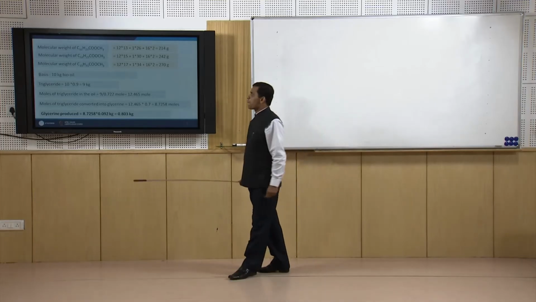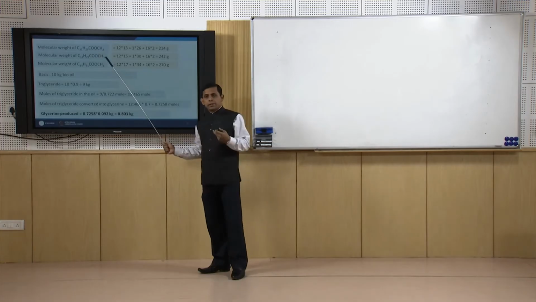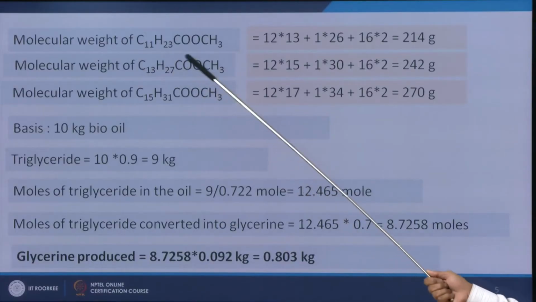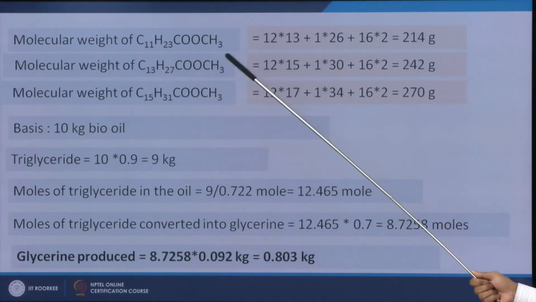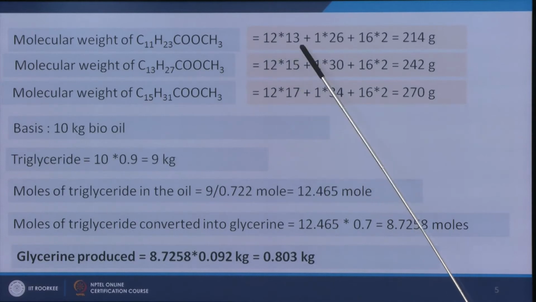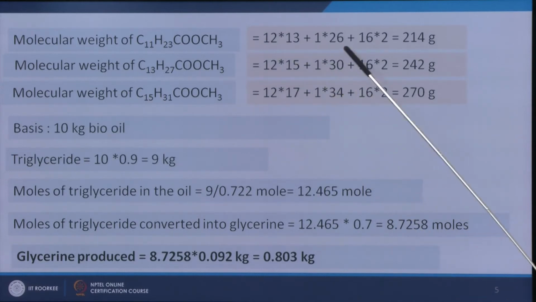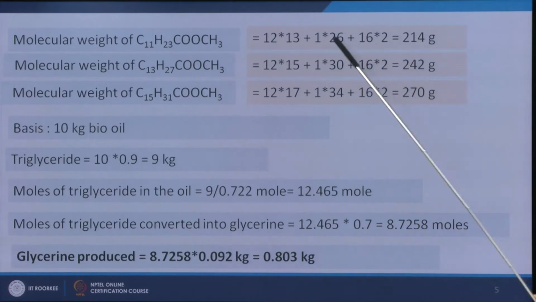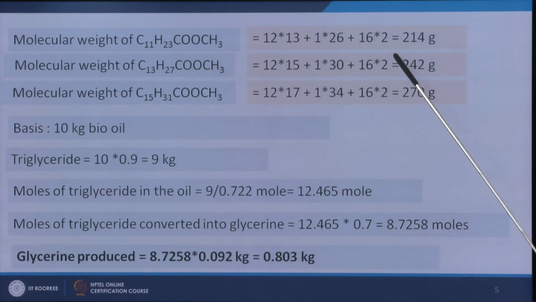Then we will see the molecular weights of the different esters produced, that is the methyl esters. For lauric acid, having 13 carbon: 12 into 13 plus 26 hydrogen, 1 into 26, plus 2 oxygen, 16 into 2, that is equal to 214 gram.